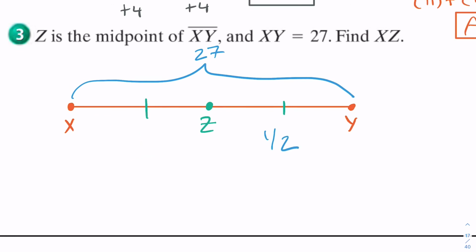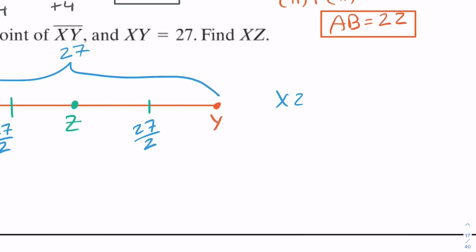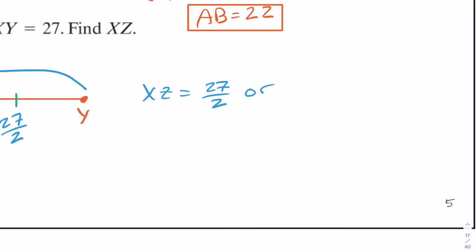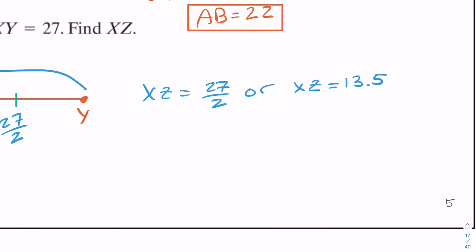So I just need to do 27 divided by 2. 27 divided by 2 is this half, and 27 over 2 is this half. So I can say that XZ is equal to 27 over 2. And if we want to write it as a decimal, XZ is equal to 13.5, which is literally half of 27.